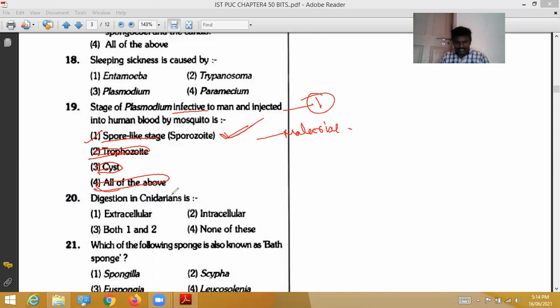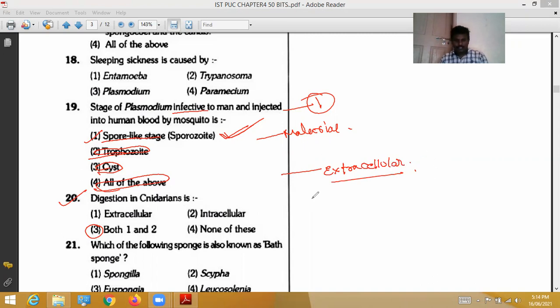Next question. Digestion in cnidarians. Cnidarians are also called coelenterates. How does digestion take place in cnidarians? It is a direct question. If you study phylum features, you can say directly it is both extracellular and intracellular. Extracellular digestion is the digestion which takes place outside the cells.